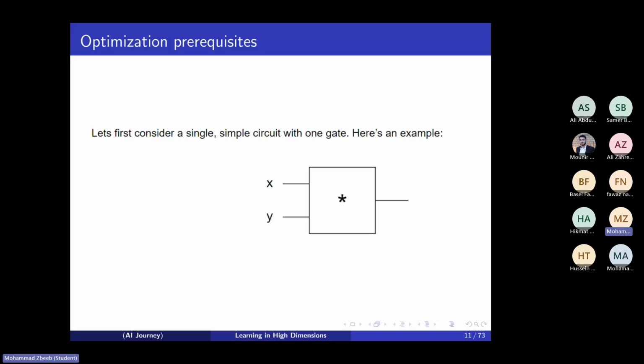For small problems like x times y, it works. But for neural networks, we can't do this. As computer scientists and engineers, we can't rely on randomized algorithms. So we need a more systematic approach.